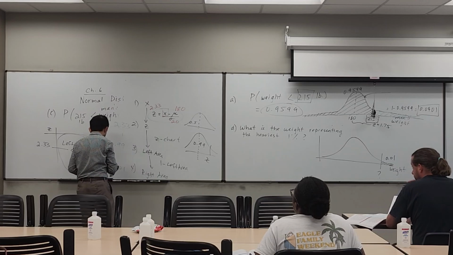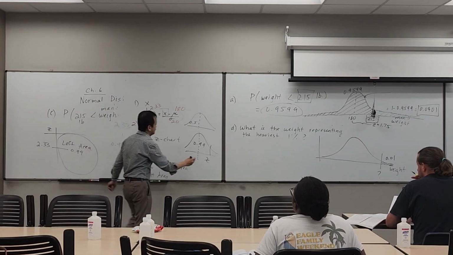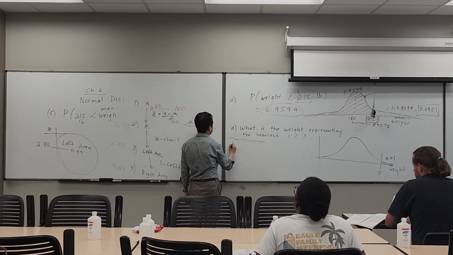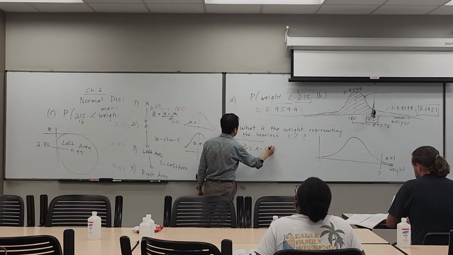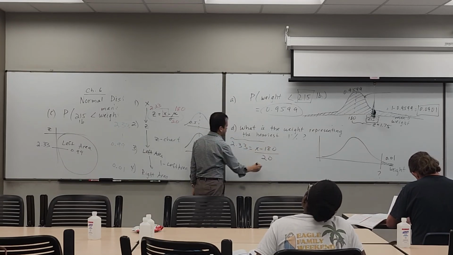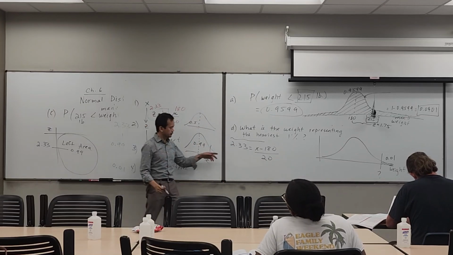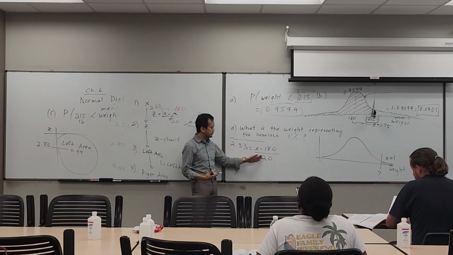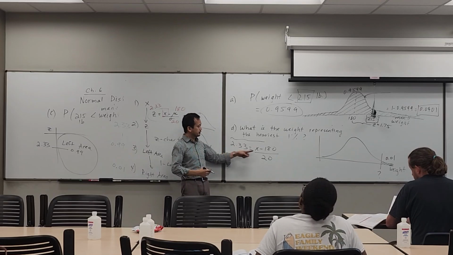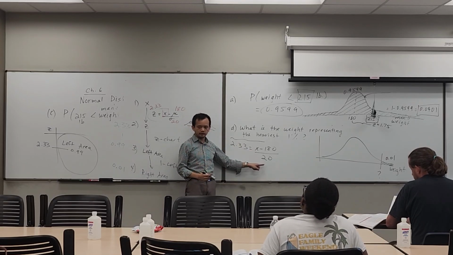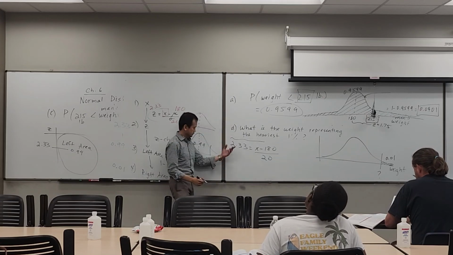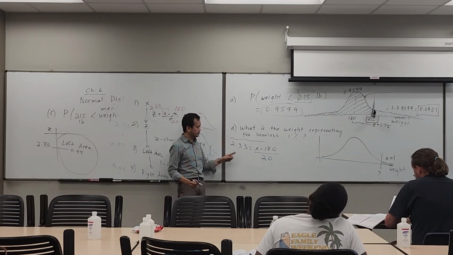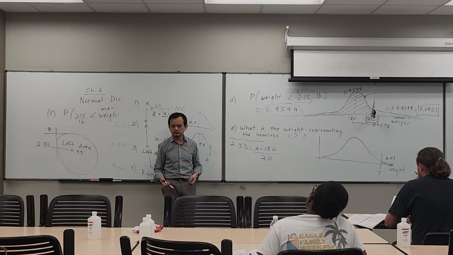This is going to be simple algebra. So 2.33 is equal to x minus 180 over 20. In algebra, the basic premise is that if you start with an equation, a truthful statement, you do the same thing to both sides, step by step, until eventually you isolate just x. What might be the next step to do to both sides to get closer to getting x by itself?